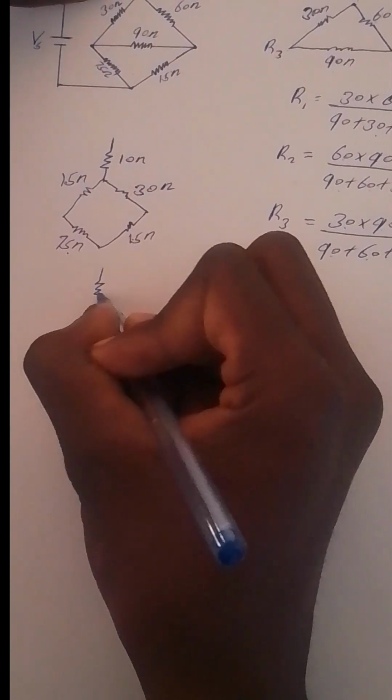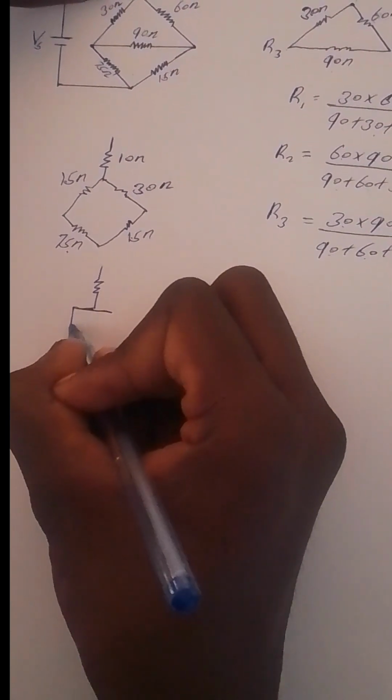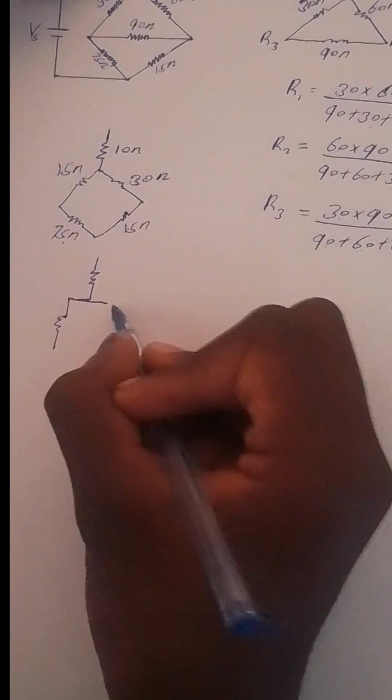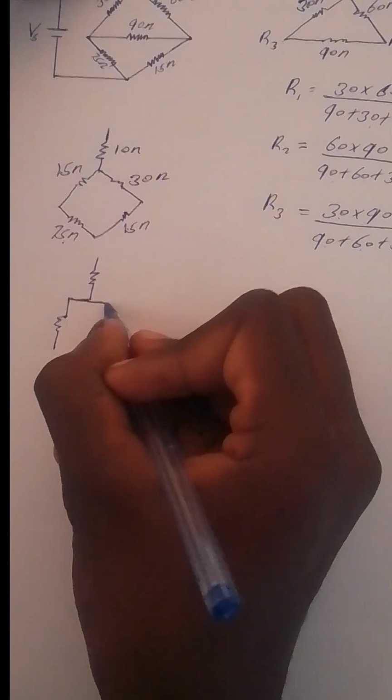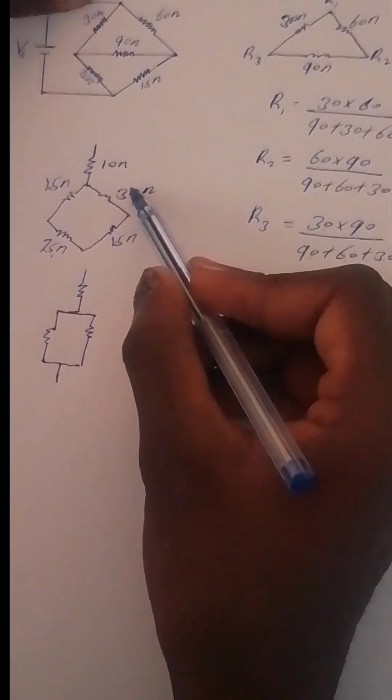So let's have a new diagram. 10 ohms is still at the top. Then we have the results for these ones on this side, and the results for these on the other side.